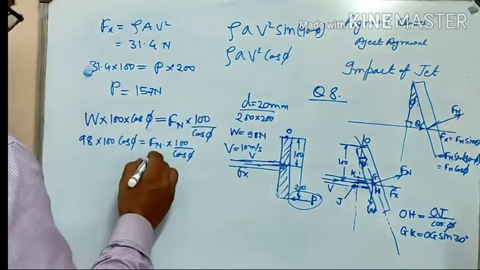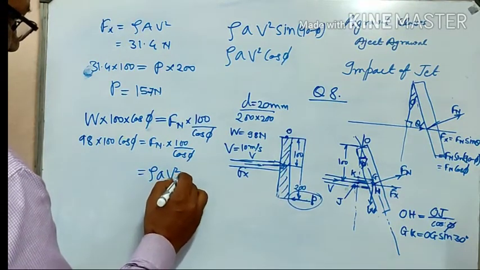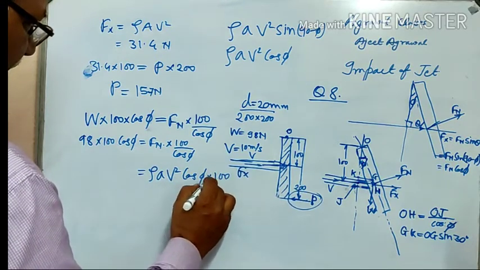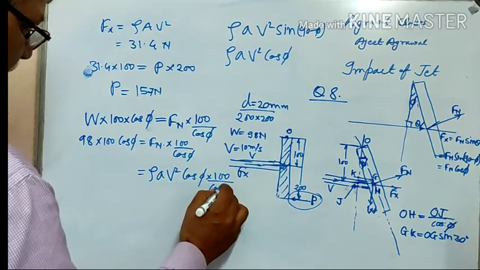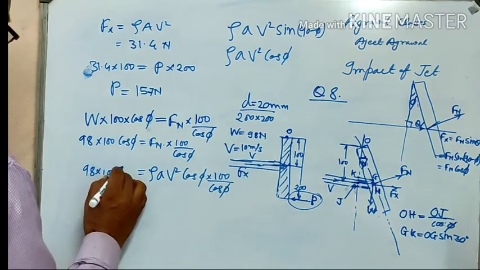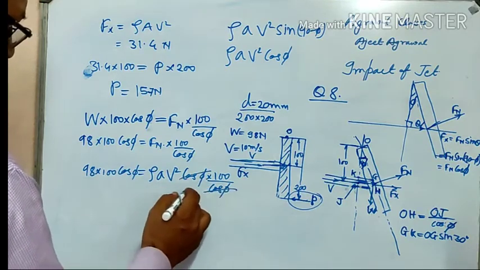Here we will substitute rho a v square cos phi into 100 upon cos phi equals 98 into 100 sine phi.